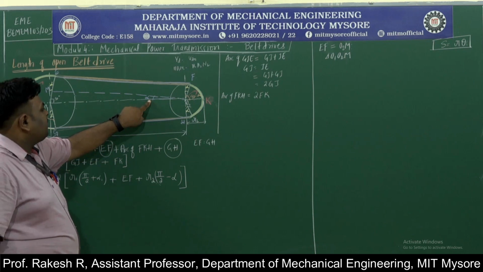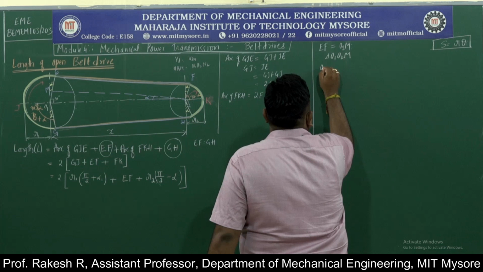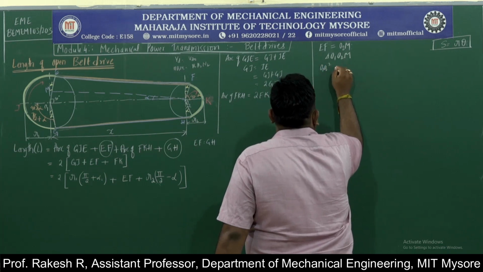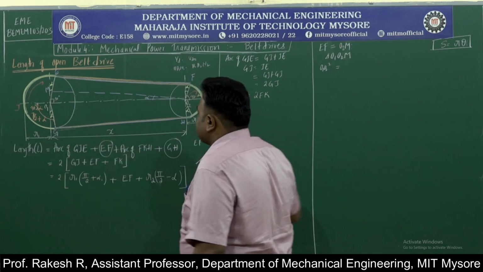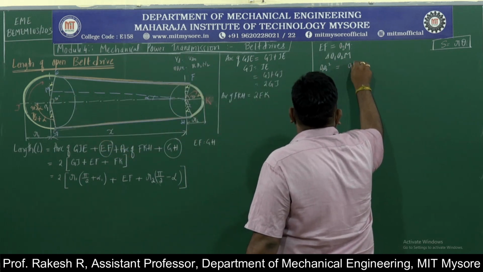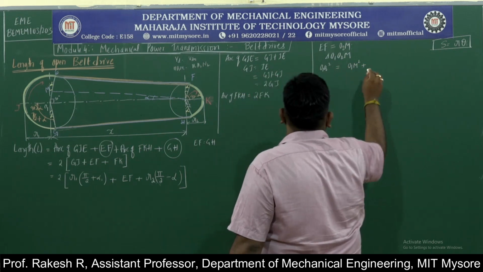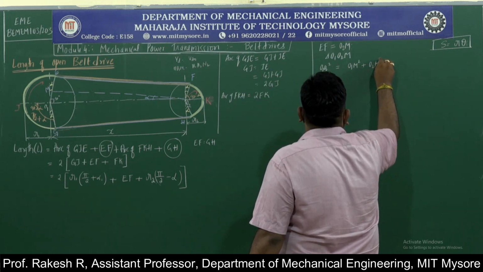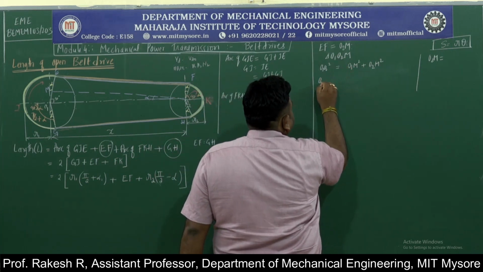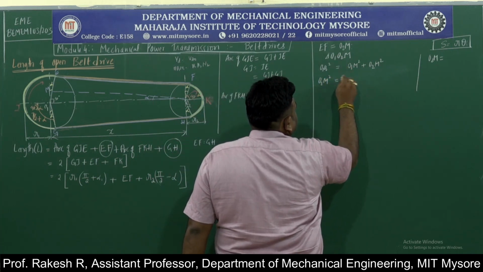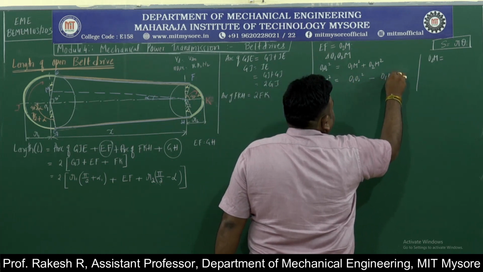So I can use hypotenuse theorem. Hypotenuse side square is equal to adjacent side square plus opposite side square. Opposite is O2M square. Here I have to calculate O2M. So O2M square is equal to O1O2 square minus O1M square.